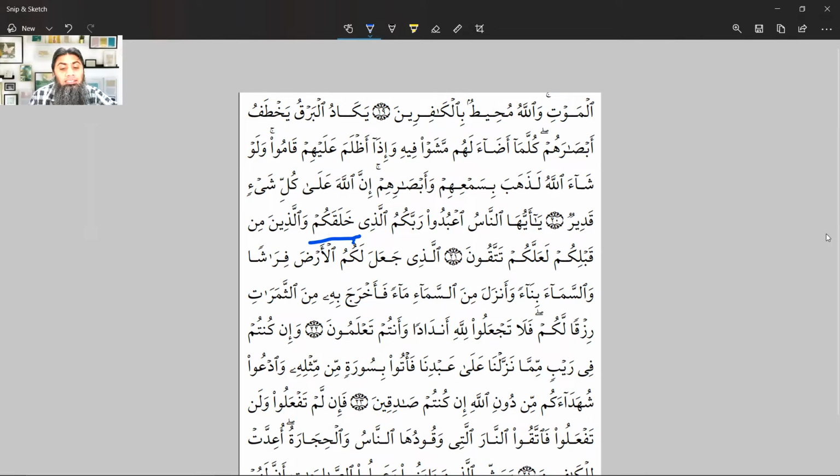For example, Alladhi ja'ala lakumul arda, the one who made for you earth. Made what? Firashan, bed. So this firashan, Chazeb bhai, you can call it simply maf'ul number 2, or you can say that it is the qualifier for al arda.